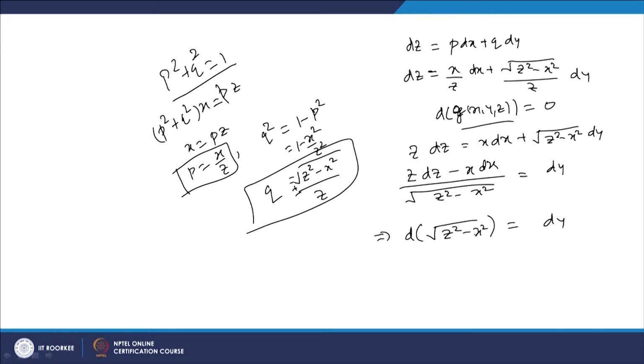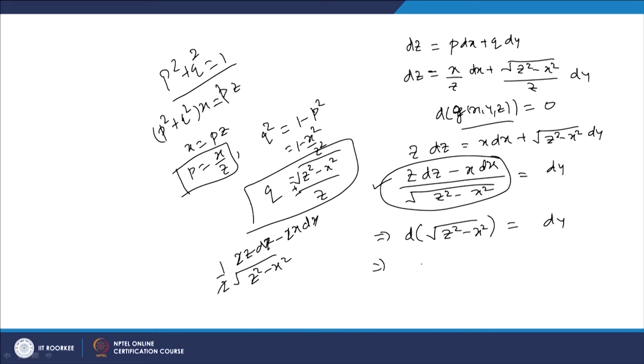Because if you differentiate this, what you will get? 1 upon 2 under root z square minus x square, and when you differentiate inside, it is 2z dz minus 2x dx. So, 2 will be cancelled out, and we have the expression z dz minus x dx divided by under root z square minus x square. So, this is written as d of under root z square minus x square equal to dy.